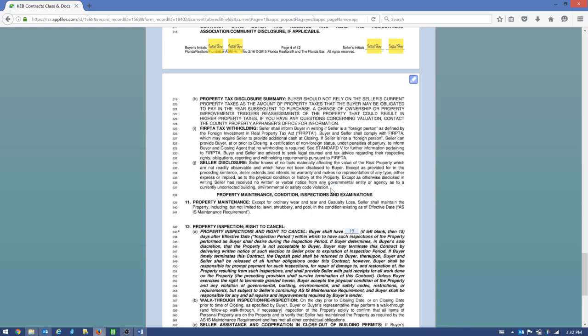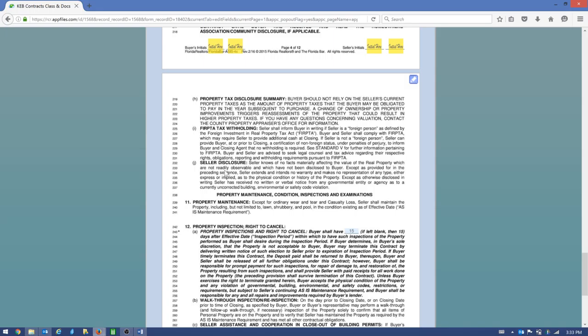Now, this paragraph still applies even under As-Is. So if a buyer can prove that the seller knew about a latent defect, which means a hidden defect, so a fact materially affecting the value of the property that was not readily observable, and also failed to disclose it to the buyer, like a repaired sinkhole.